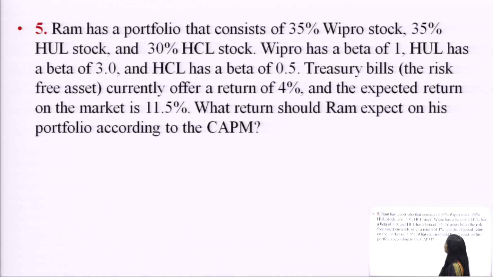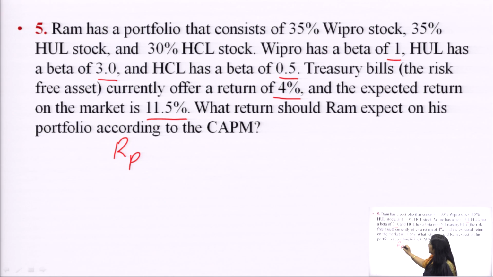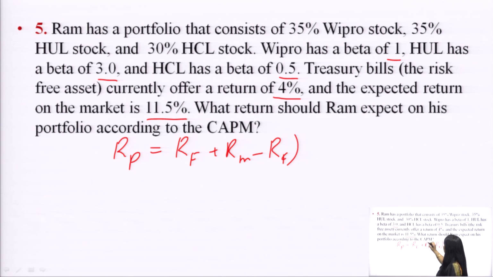We have another question where Ram has to make a portfolio of Wipro, HUL, HCL stock, and he has been provided the beta of these stocks, 1, 3.5. There is a risk free security in the market which is giving 4% return, and the return on the market index is equal to 11.5%. So again we have to use the CAPM model to find out the return on the portfolio, equal to RF plus RM minus RF into beta P. Here in this question we have been provided RF is 4%, RM is equal to 11.5%, and beta P is not being given.